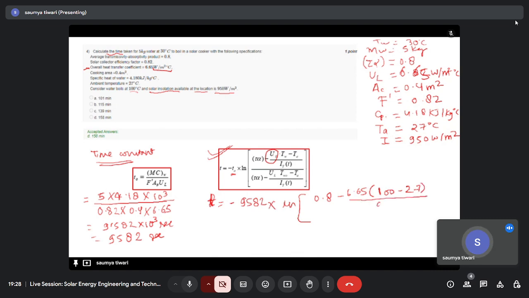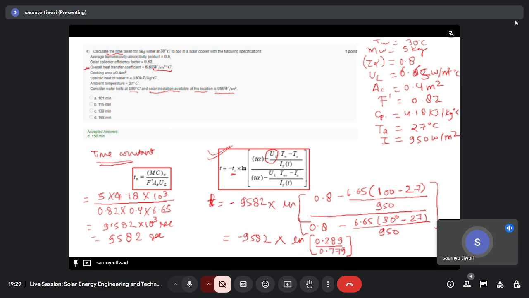Divided by 950, upon this will be 0.8 minus 6.65 into your initial water temperature, which is 30 degrees Celsius, and this is your ambient temperature, and this is your 950, right? So if we solve this, it will be 0.289 divided by 0.779.